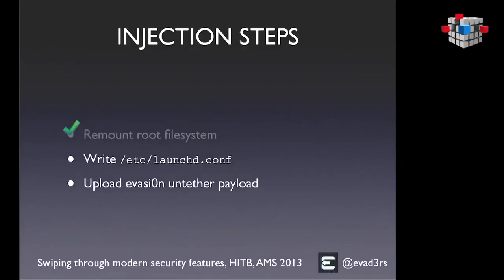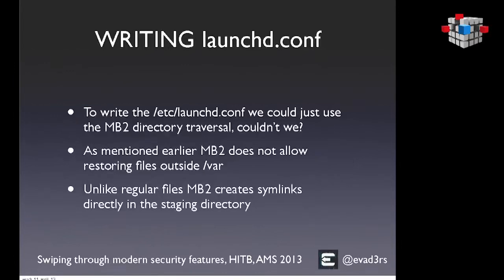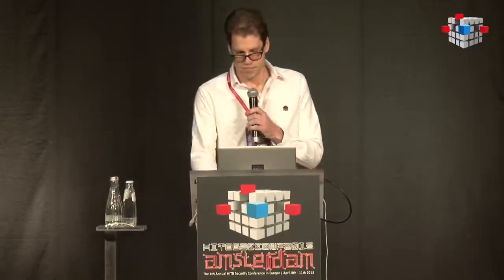Okay, so next step is to write the /etc/launchd.conf file. The problem is that this file sits on the root file system, and we could try to use the mobile backup system, but the problem is that the mobile backup system does not allow creating files outside the var partition.